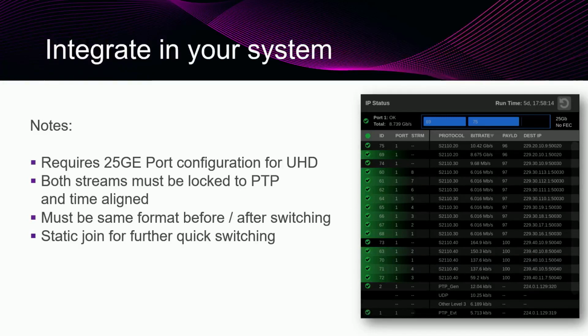And lastly, if you are sure your port has enough bandwidth, and if you can use a static join to get the two streams always available on the port, then that is the most secure way and also the quickest way of offering quick switching.